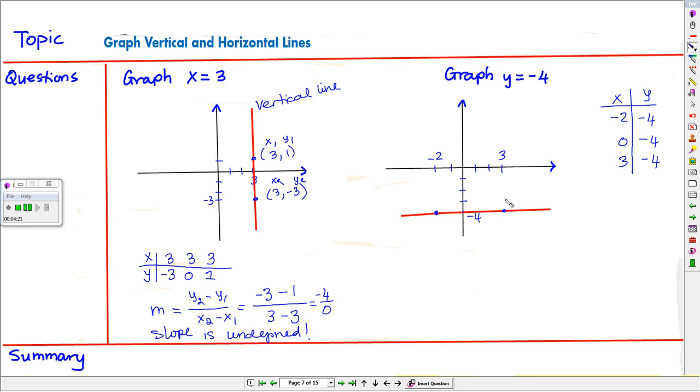So now let's go ahead and find the slope. Again, I'm going to label the point on the right-hand side as 3 comma negative 4, and the point on the left-hand side of the y-axis will be negative 2 comma negative 4.